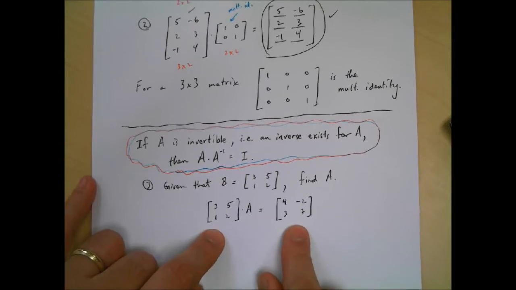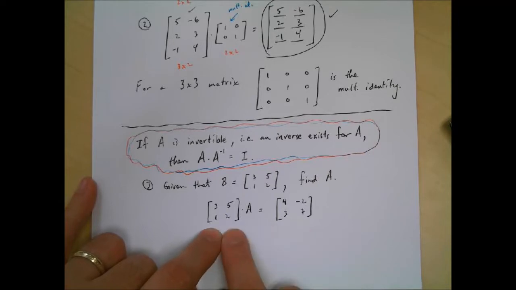Now, we did some algebra when we were doing matrix addition, subtraction, and scalar multiplication, but that was much easier. Because you might just look at this and say, okay, let's just divide by the matrix. There is no such thing as matrix division.